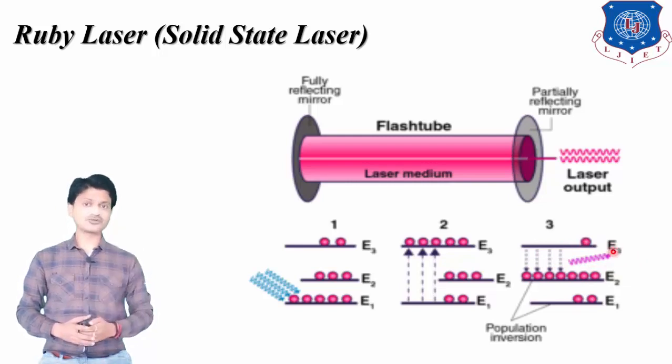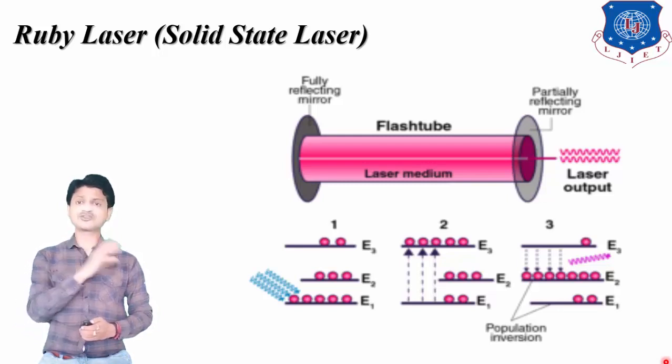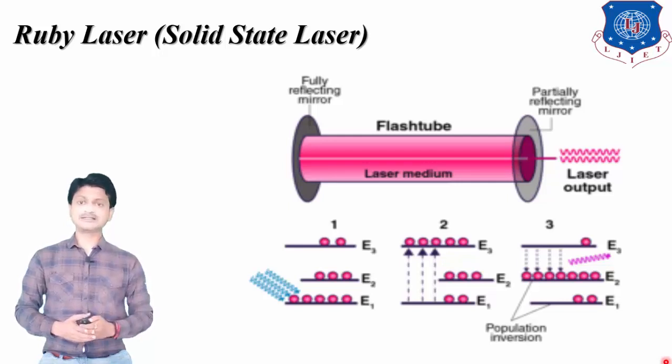Some of these photons which travel along the axis of the resonant cavity produce stimulated emission, due to which the intensity of light builds up along the axis of the cavity. The laser is transmitted through the partially silvered surface. Each flash of light from the xenon lamp is used to produce a pulse of laser.